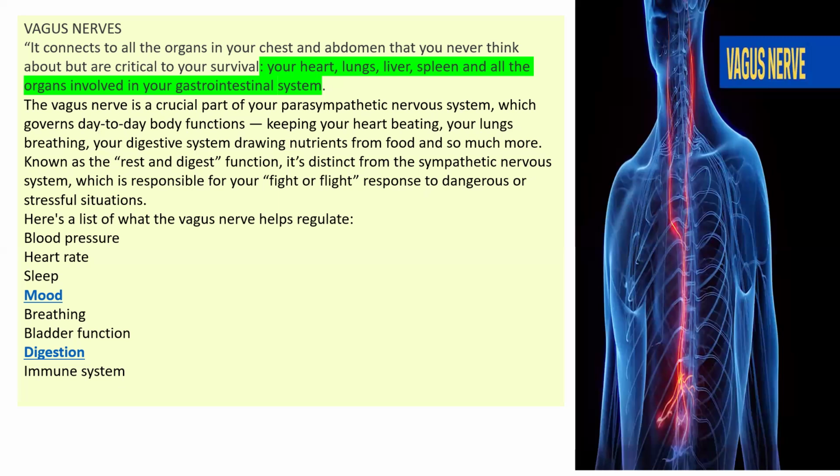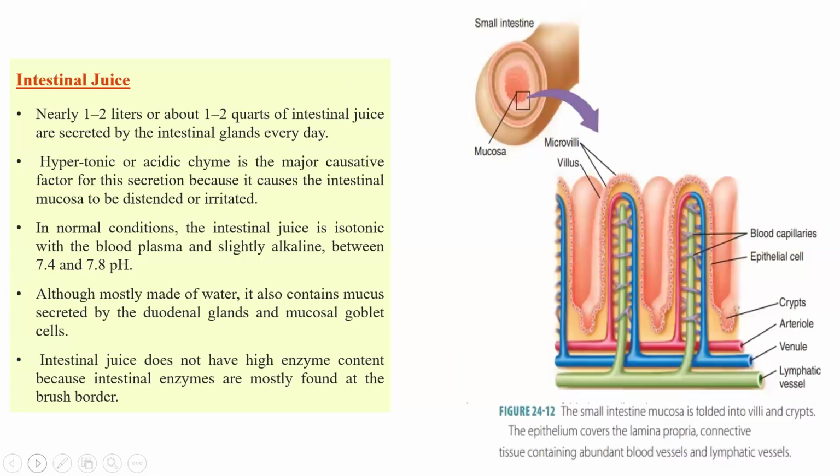So the vagus nerve helps you regulate your blood pressure, heart rate, sleep, mood, breathing, bladder function, digestion, and immune system. The vagus nerves connect to all organs present in your chest and abdomen, that is the heart, lungs, liver, spleen, and all the organs involved in the gastrointestinal tract.